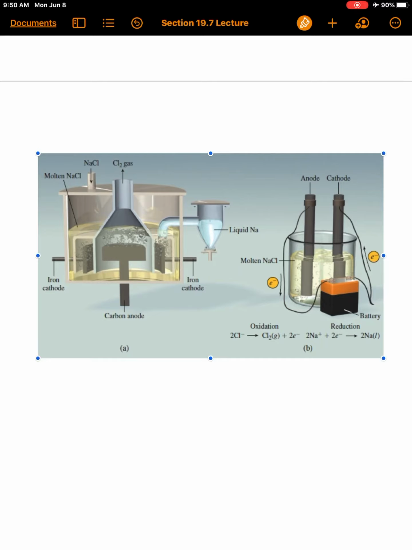Because it's a liquid, the ions that comprise sodium chloride are free to move around. Sodium ions and chloride ions are normally rigidly held together through ionic bonding, but above the melting point, those ions have much greater mobility and are able to move around.